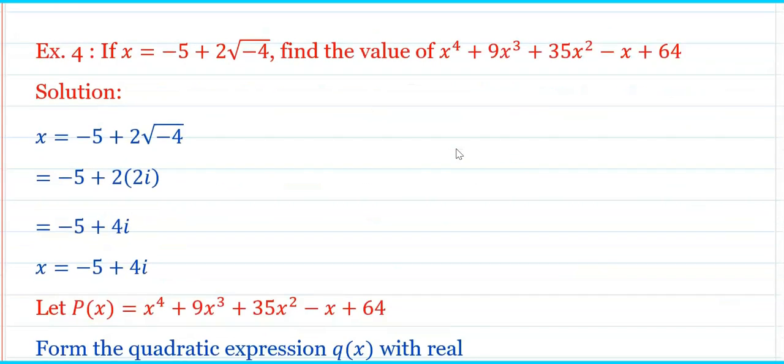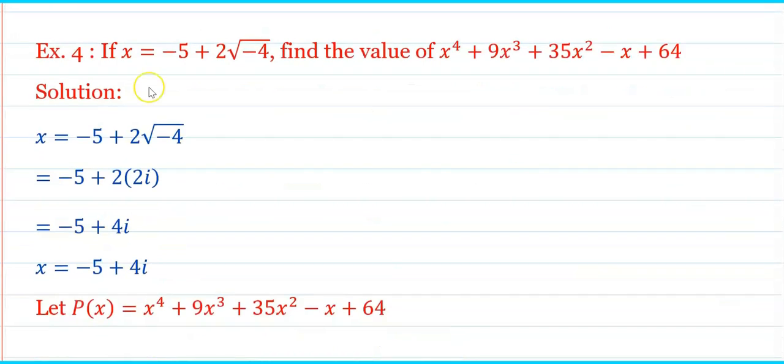Now the next example, question number 4. If x is equal to minus 5 plus 2 root of minus 4, find the value of x raised to 4 plus 9x cube plus 35x square minus x plus 64.